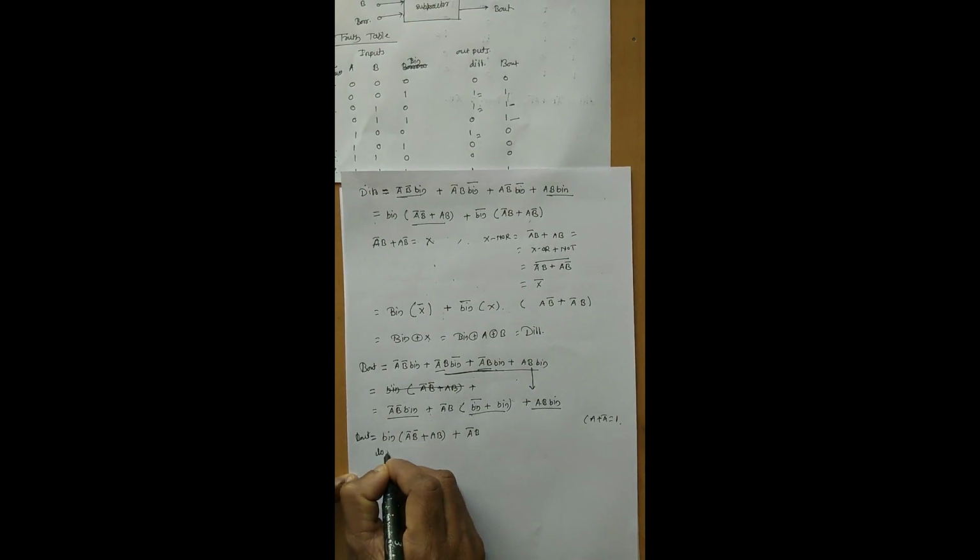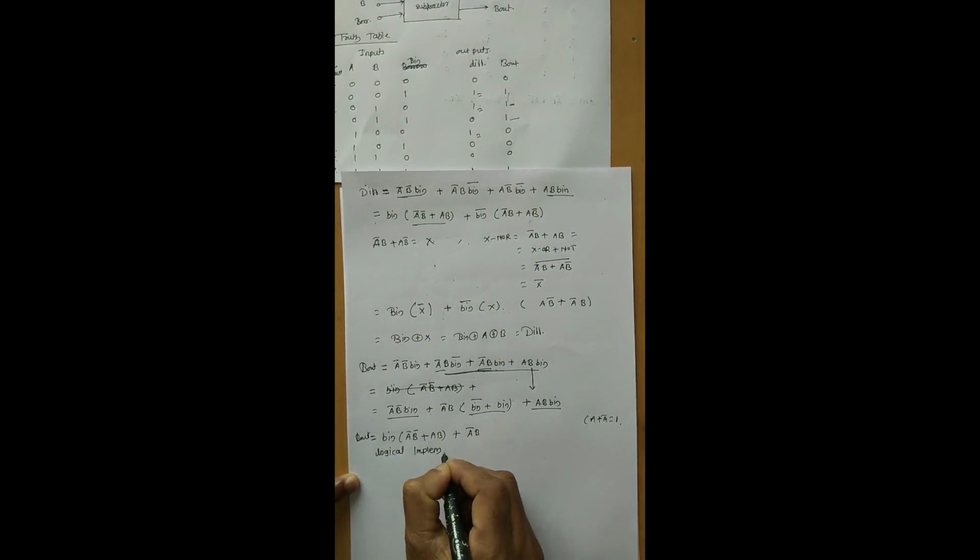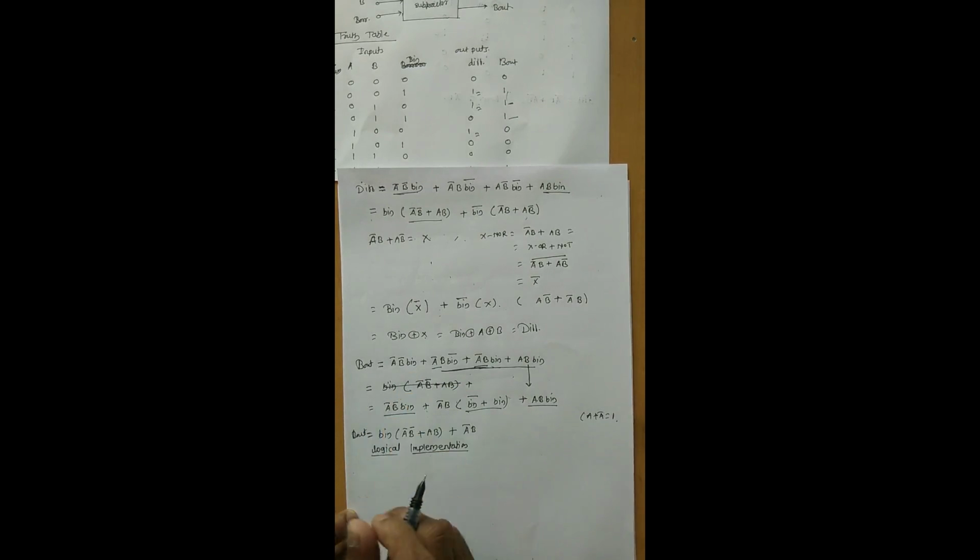Okay, with the help of these two equations, just go through, draw the logic diagram for the full subtractor. The logical implementation of the full subtractor is very simple, looks like the full adder one.